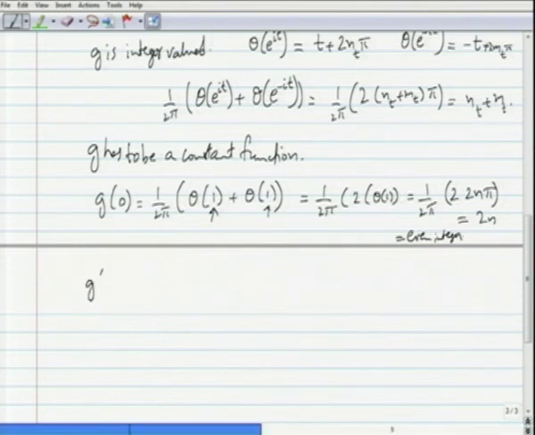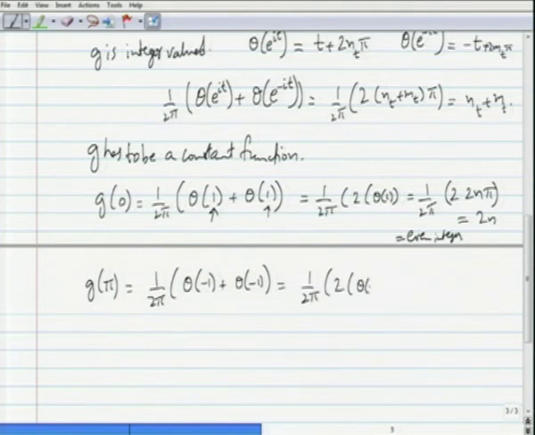whereas g of pi, observe, is equal to 1 by 2 pi times theta of e power I pi, which is minus 1, plus theta of minus 1, which is 1 by 2 pi times 2 times theta of minus 1.